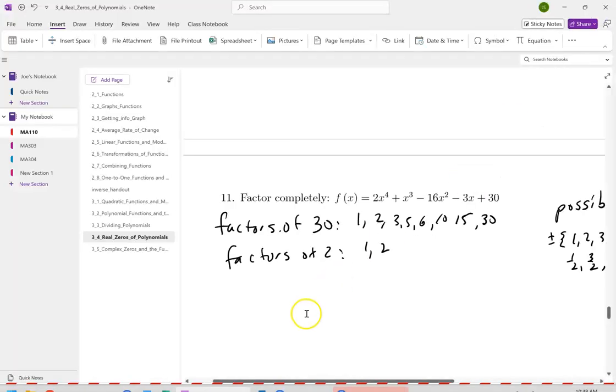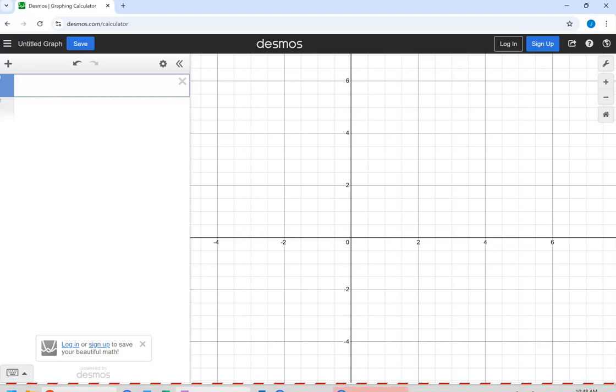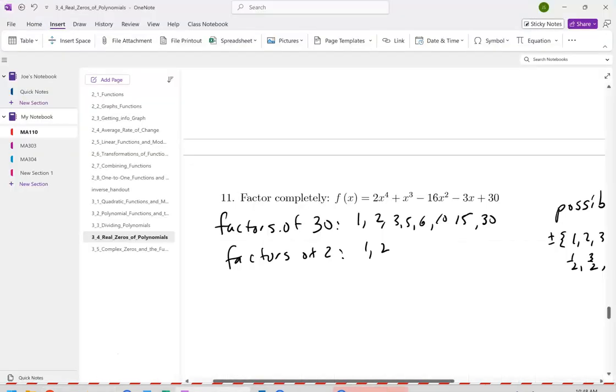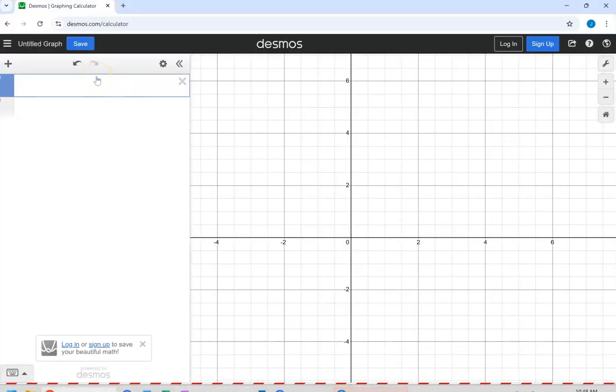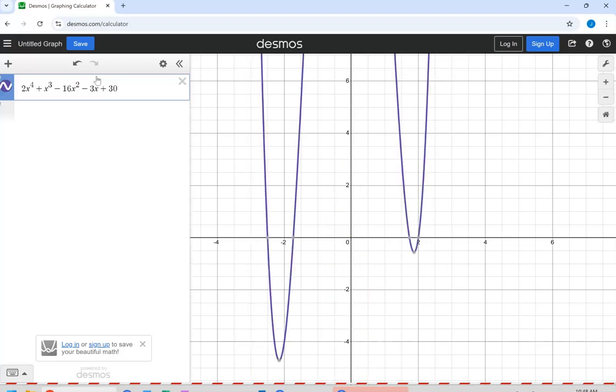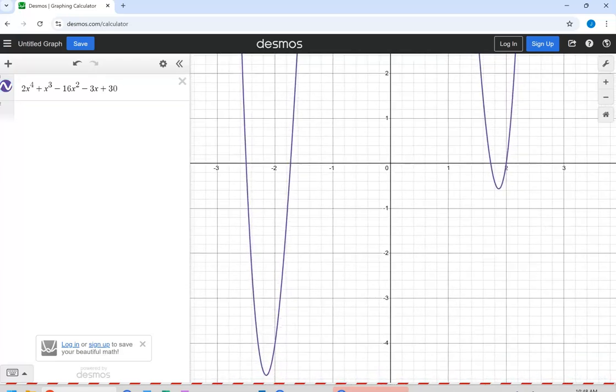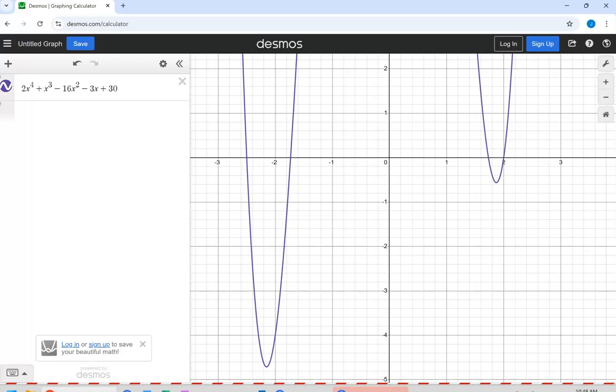So if I flip over to the graph and go back in: 2, 1, negative 16, negative 3, 30. 2x cubed, x squared, minus 16x, minus 3... minus 3x, and then plus 30? There we go.